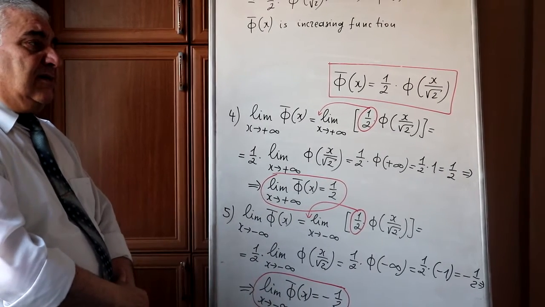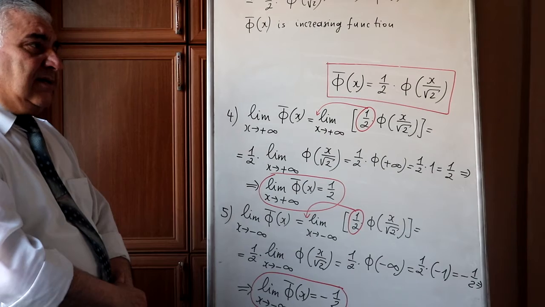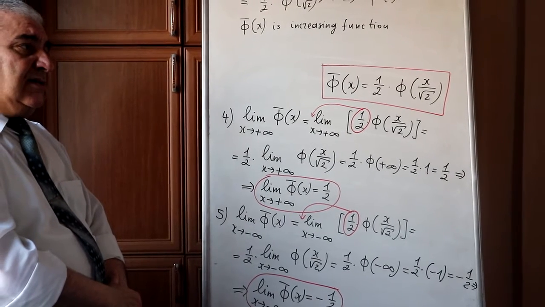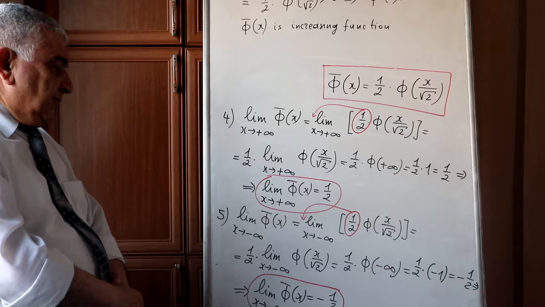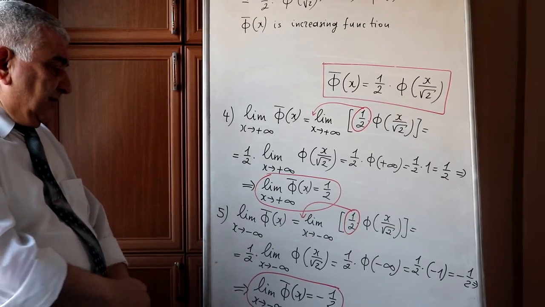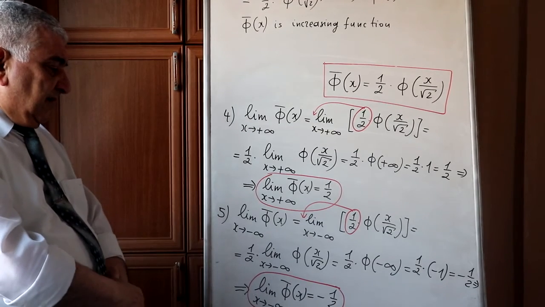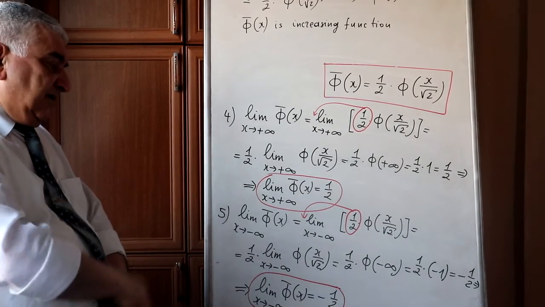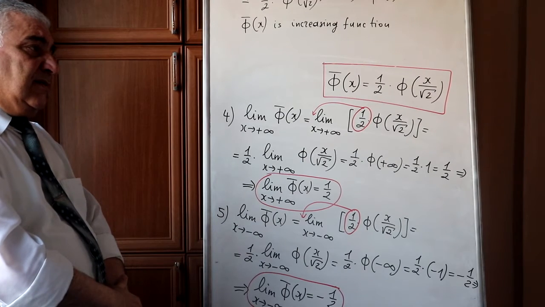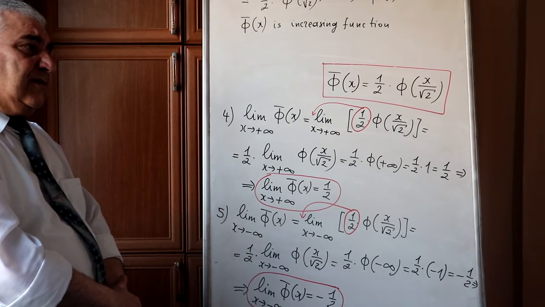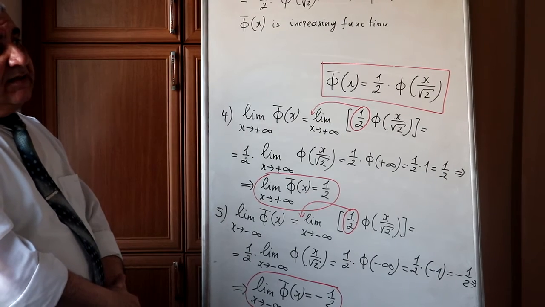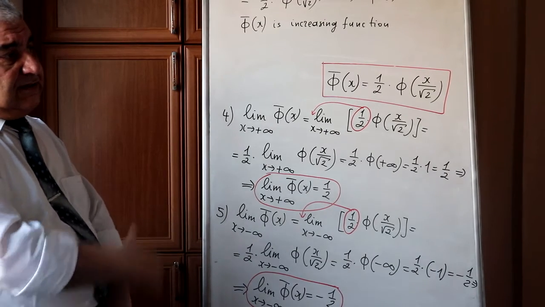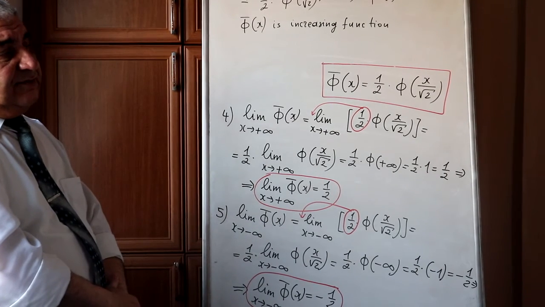It means the line y equals 1 second is the horizontal asymptote. According to the fifth property, the limit of the Laplace function at minus infinity is minus 1 second. It means the line y equals minus 1 second is another horizontal asymptote. Then construct the graph of the Laplace function.